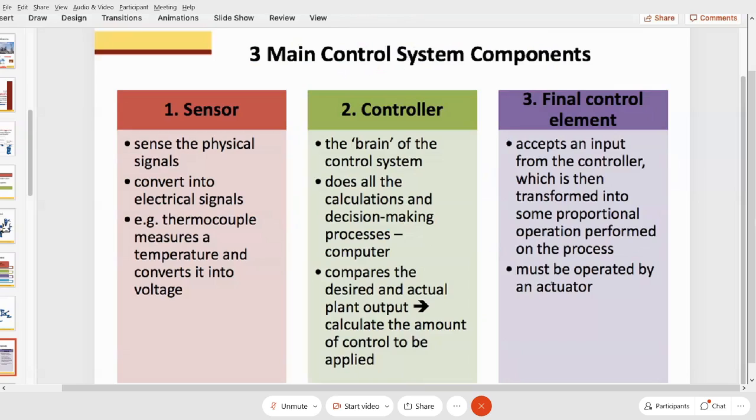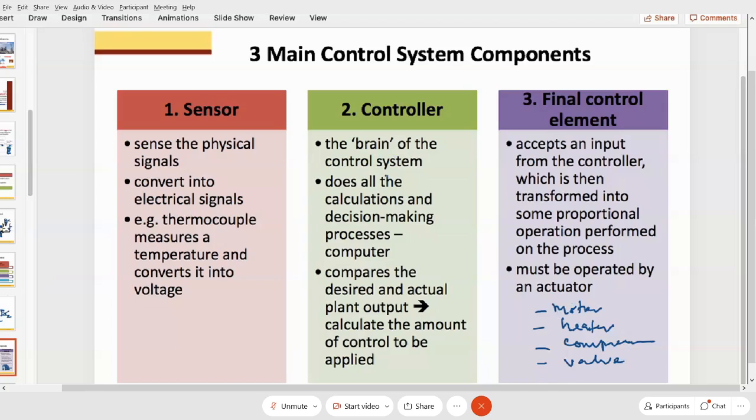Actuators is your motor, your heater, your compressor, maybe if you have aircon, valve, so many more. So any final control element that drives your output, we call that actuators.